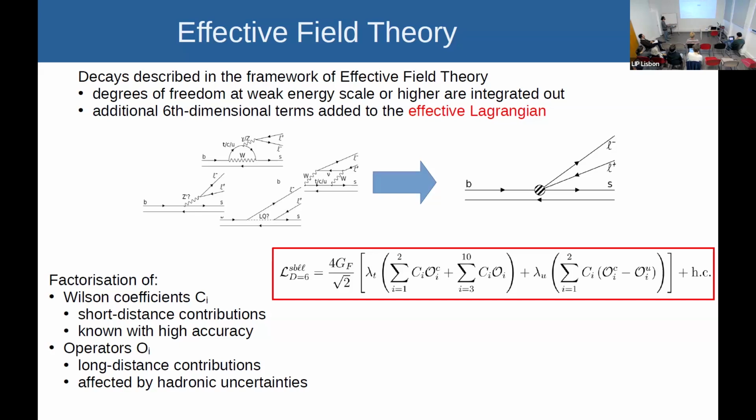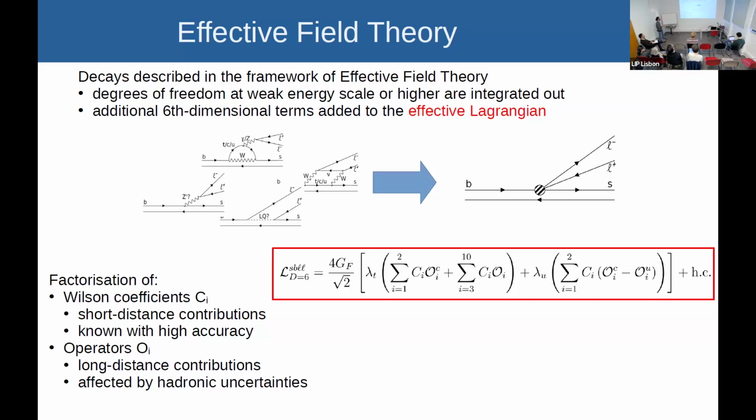So you can see how these 6-dimensional terms of the Lagrangian would look like. And in this way, we can factorize 2 components. The Wilson coefficients, C, describe the short distance contribution, and we can compute them in the standard model case with good accuracy.